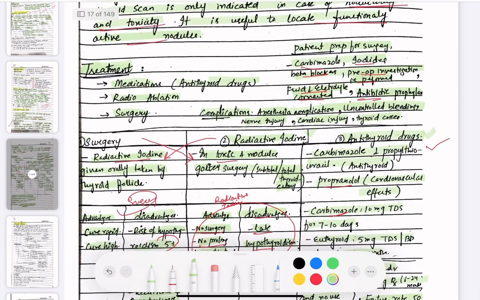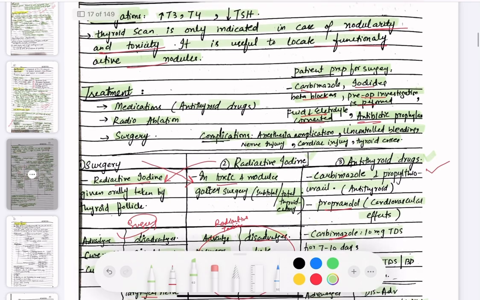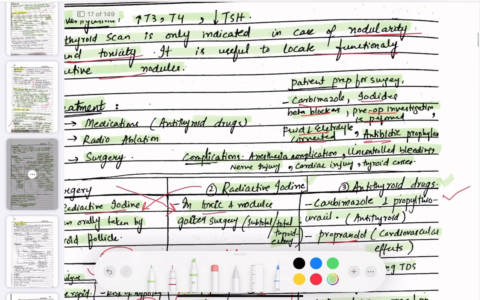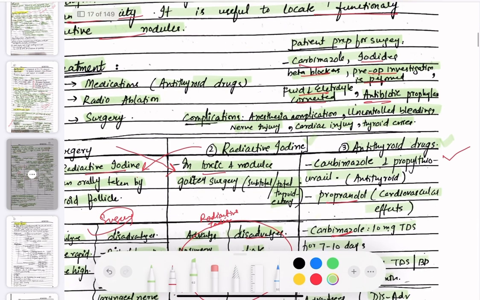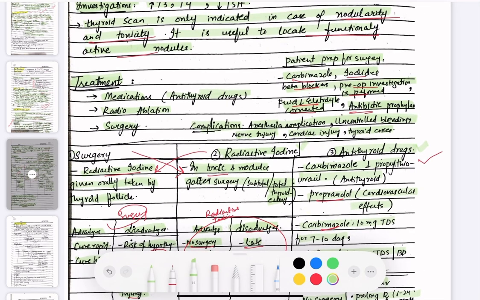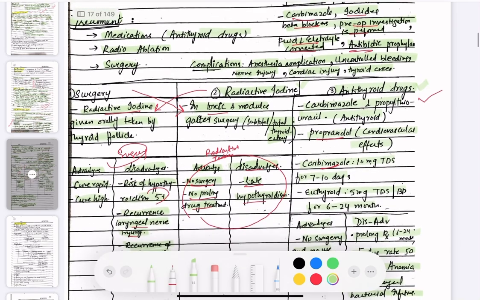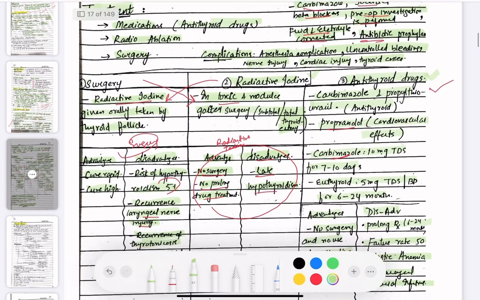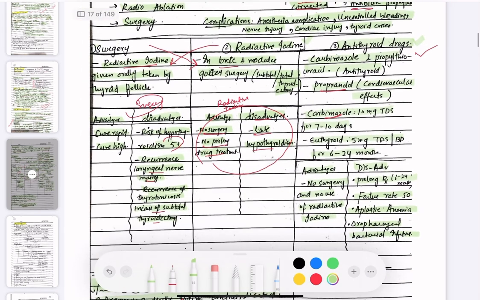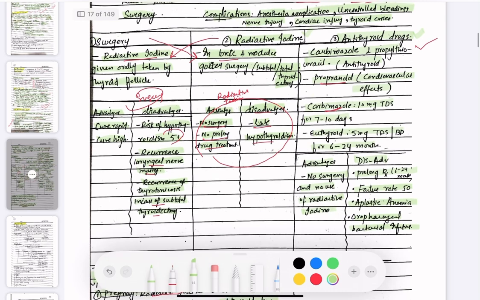And this is the preparation for surgery: carbimazole, iodides, beta blockers, pre-op investigations, fluids and electrolytes, and antibiotics. The complications are those of anesthesia, uncontrolled bleeding, nerve injury, cardiac injury, and thyroid crisis. Then the treatment options are radioactive iodine, which is given orally and taken by thyroid follicles. The advantages of radioactive iodine are that no surgery is required and no prolonged treatment, but the disadvantage is that late hypothyroidism may occur.